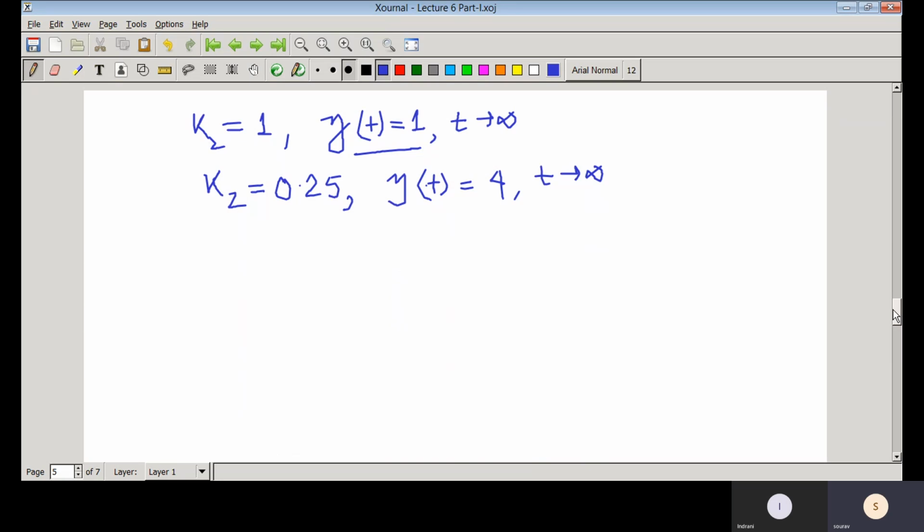Now we will be discussing the inverse Laplace transform. You have studied it.